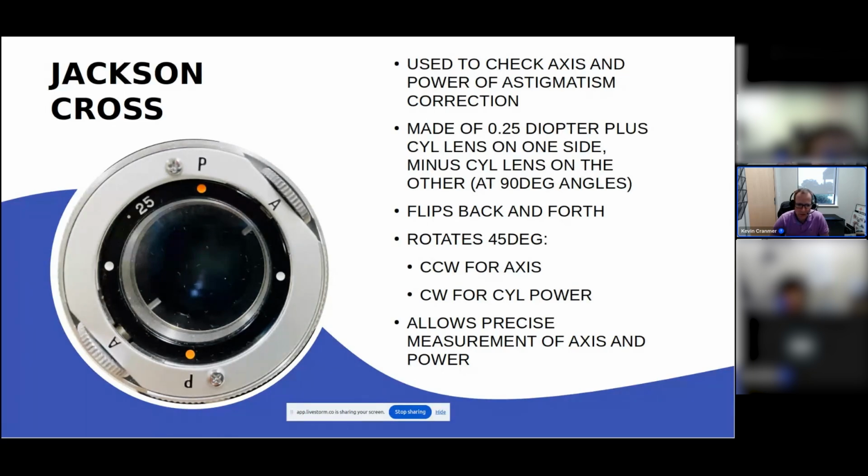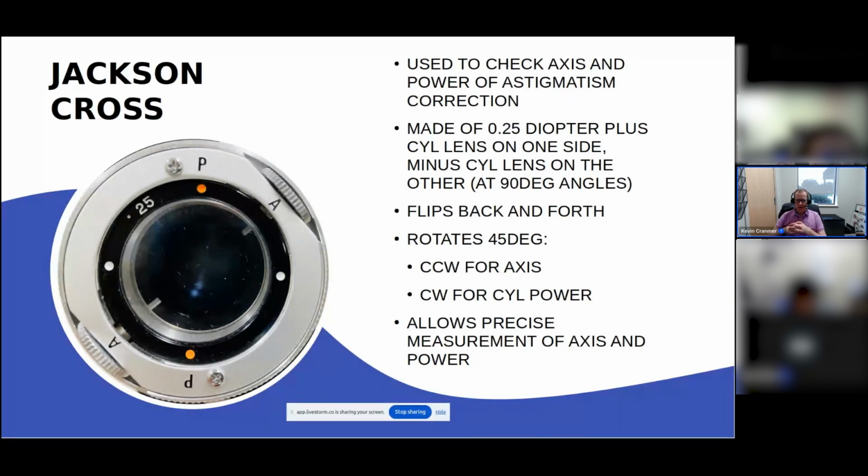So there are 2 modes. You can see there are little knurled knobs, and they line up with the A on the Jackson Cross, and that is where you're checking axis. If you imagine a line drawn between those 2 A's on the lens, then when that is lined up with the axis on the phoropter, you're in axis mode and you're going to be checking the axis.